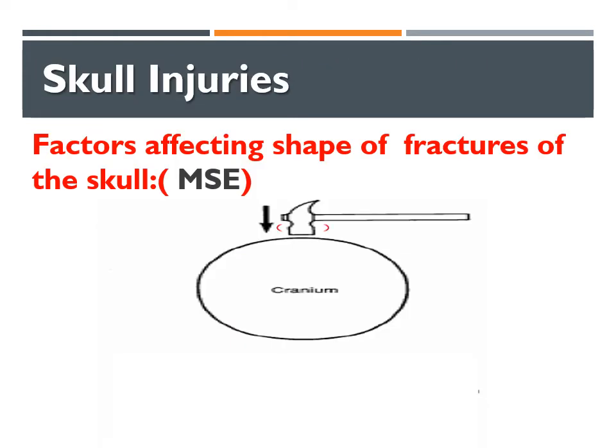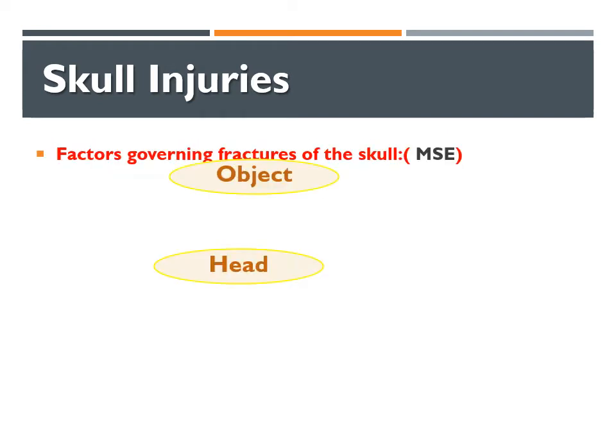There are factors affecting the shape of skull fracture. These factors are related to the object or to the cranium or the skull. First, related to the object: force or momentum, and this force may be low force, moderate force, or high force.